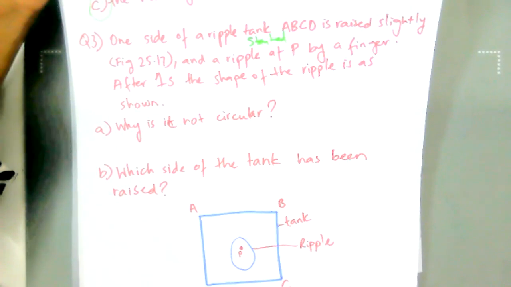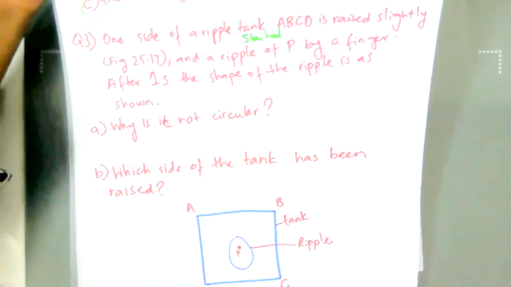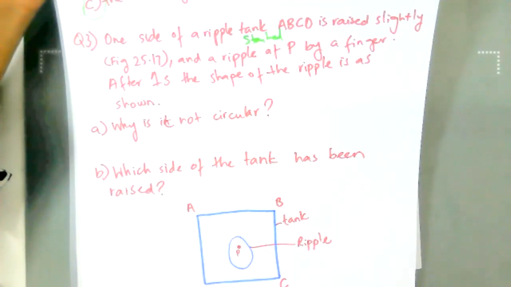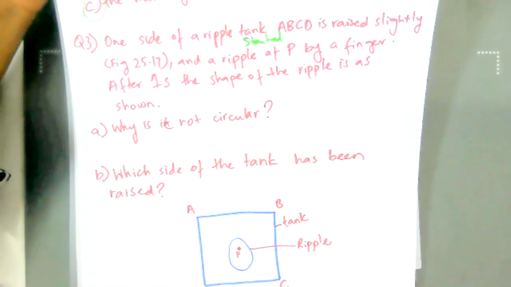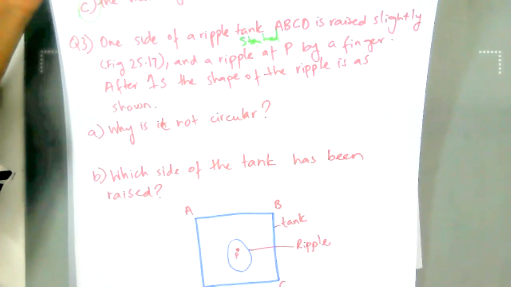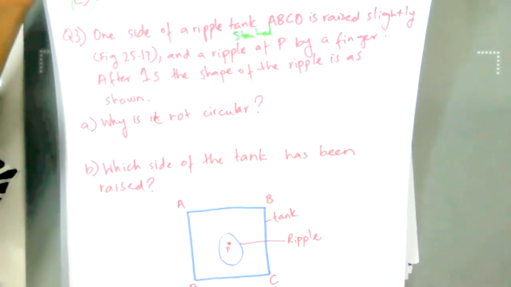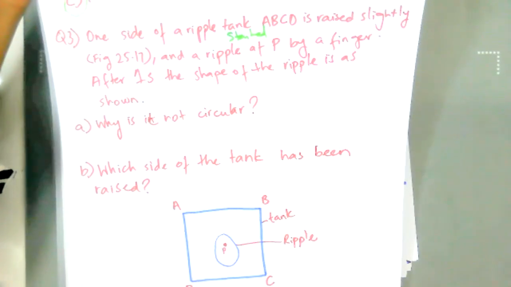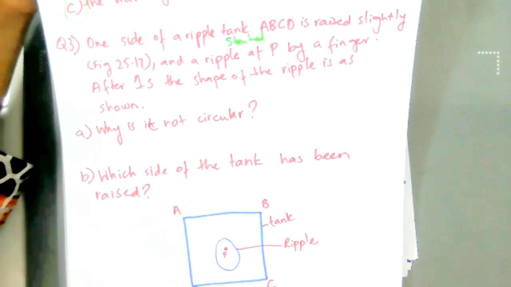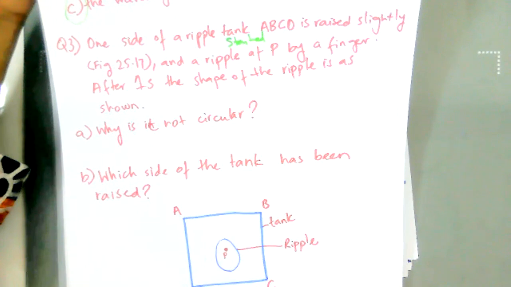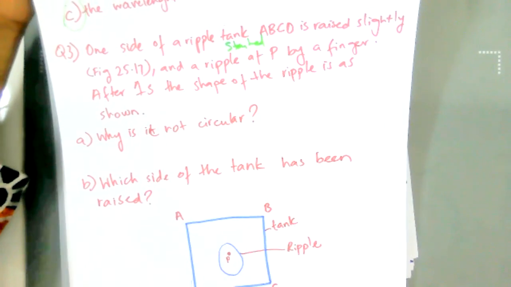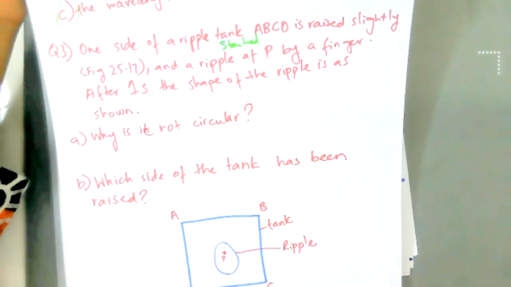Imagine that I'm doing it in front of you. Then of course one end which is still lying on the ground will be deeper as compared to the end that I picked up, because the water will move towards the side which is still on the ground, right? Because I am raising the other opposite side of the dish.